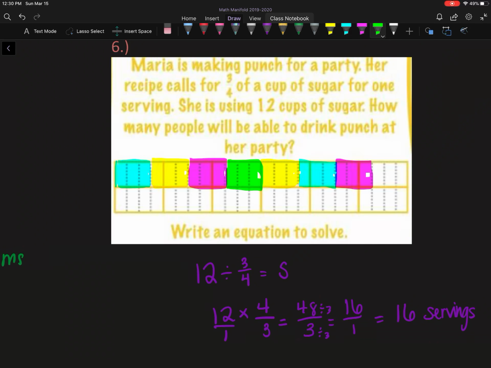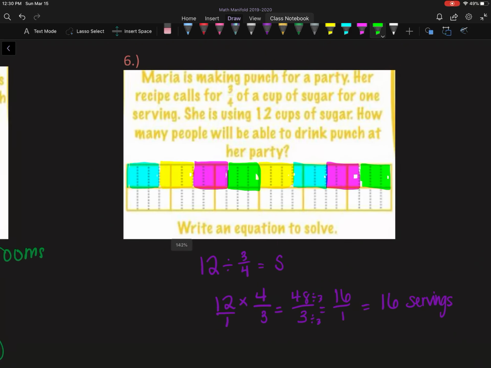And then even as I get just through this last little section here, I've got 1, 2, 3, 4, 5, 6, 7, 8. And you can visually see how I can go down and do another 8. So 8 plus 8 would be 16, and I would get 16 servings.